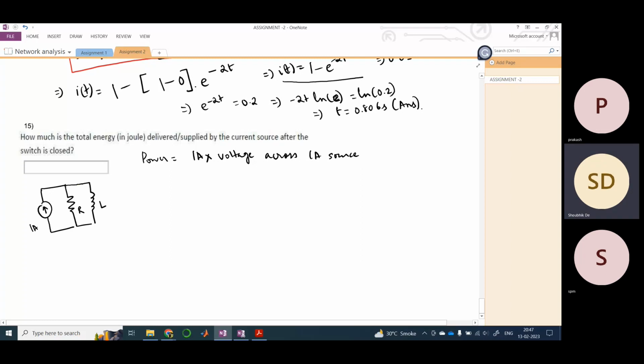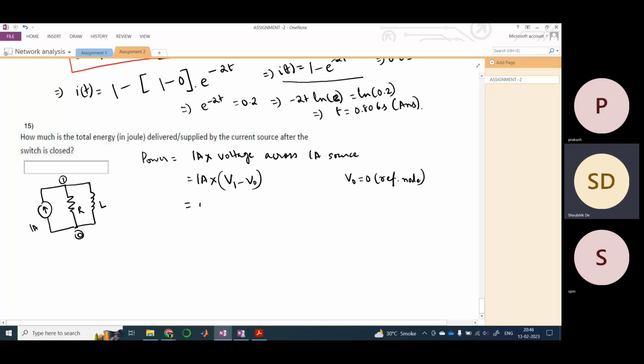So this is a node, this is a node, and this node is common, right? So let us take this as 1 and 0, and this node is also the same as this node, right? Because there is no other element attached to the right side of L. So therefore, the voltage across the 1 ampere source would be what? 1A into V1 minus V0. So let us take V0 to be 0 volts, right? It is a reference node.